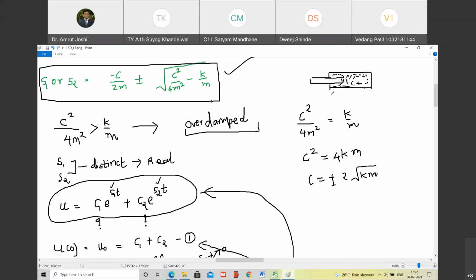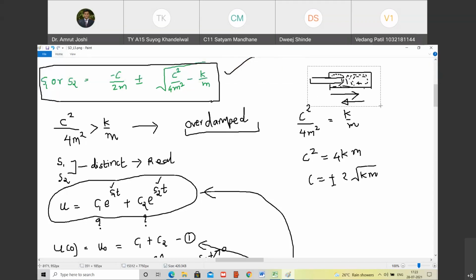If I am trying to move this piston in this direction, isn't it obvious that the drag force or the viscous damping force is going to be in the opposite direction? Do you agree with me? Yes, sir. If this c becomes negative, it would be exactly the opposite, which is practically not possible. Are you with me? Yes, sir.